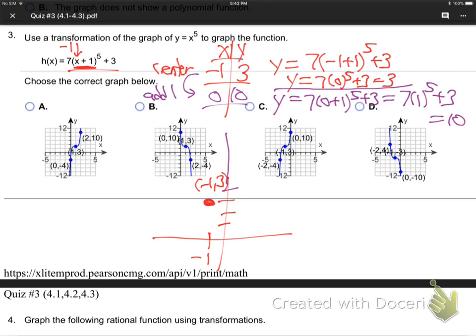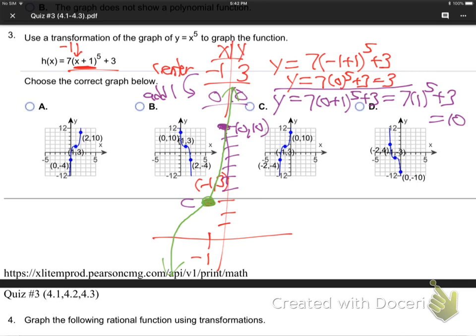It's way up here. 4, 5, 6, 7, 8, 9, 10. So the graph, here's the center point, and there's that other point. So what does that mean? The graph must go from lower left to upper right, because this is the center, and that's another dot.